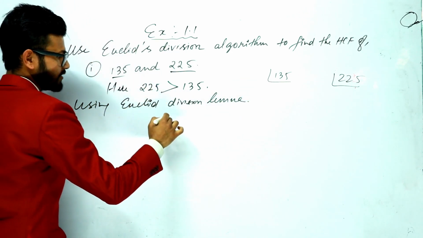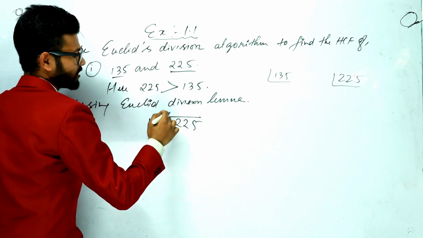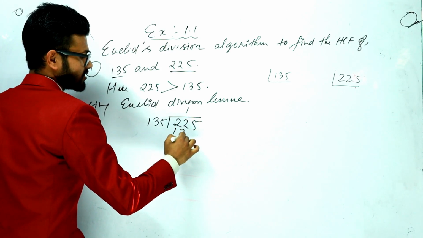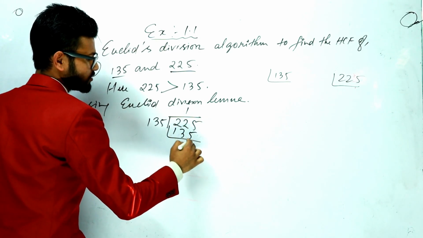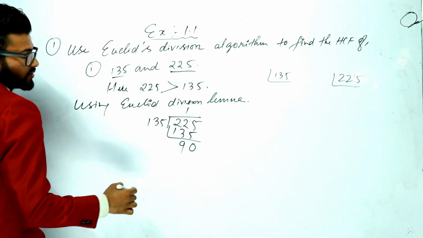Let me divide and see: 225 divided by 135. If I take 2, it will be larger than the dividend. So 135 into 1 is 135, and subtracting gives 90.